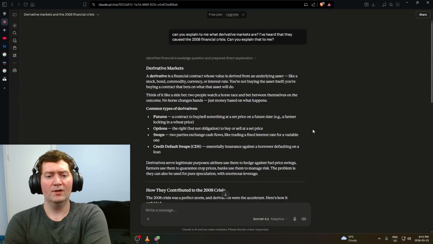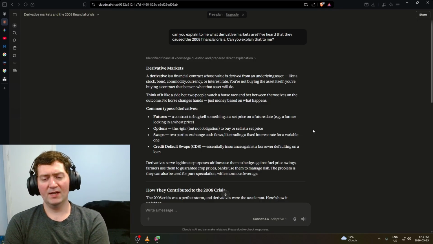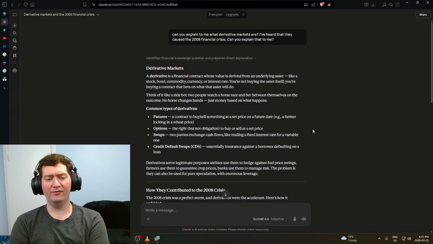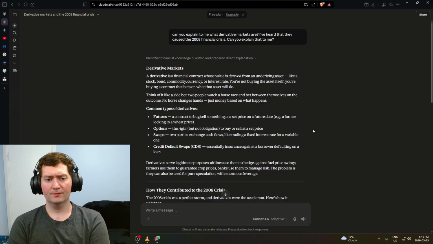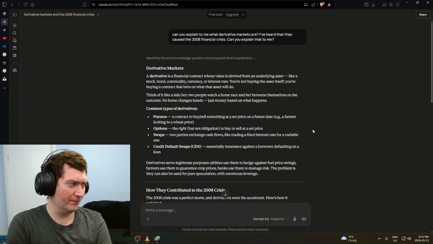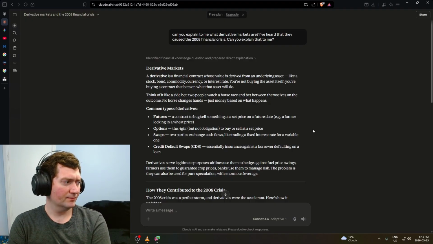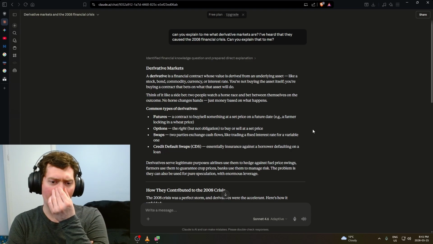Right? Options. The right to buy or sell at a set price, but not obligation. So you don't have to sell, but it's the right to buy or sell. So this is similar to the farmer example. But whereas a farmer is doing something specific for wheat, this is any other commodity, right?